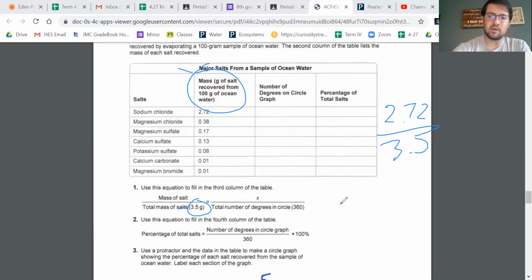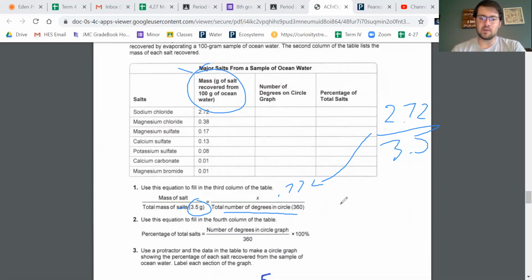So the answer from here goes into my equation. Now I have 0.77 divided by 360. So the second part of the equation is 0.77 divided by 360.